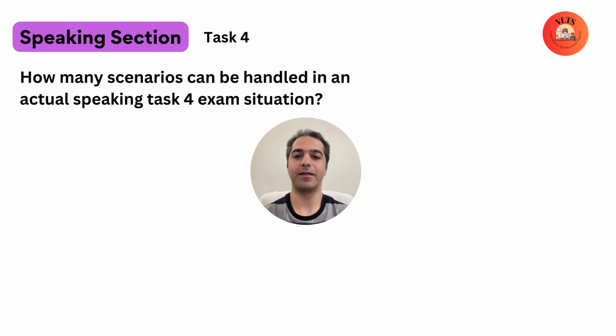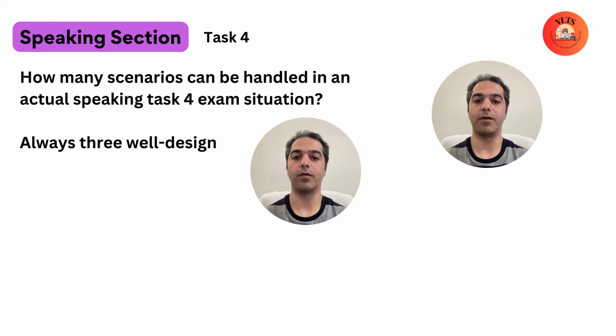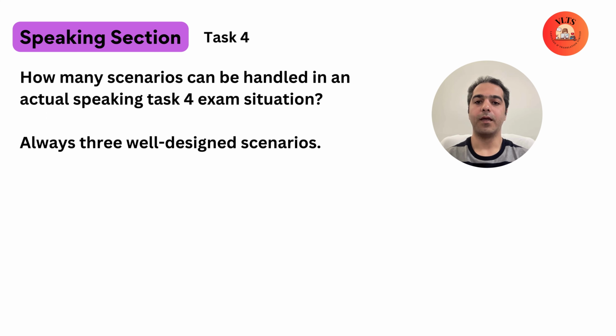Time flies. So I suggest you focus on only 3 scenarios so you have enough time to use a variety of vocabulary and grammar, as this is designed for a self-paced speaking task 4 or limited with time.